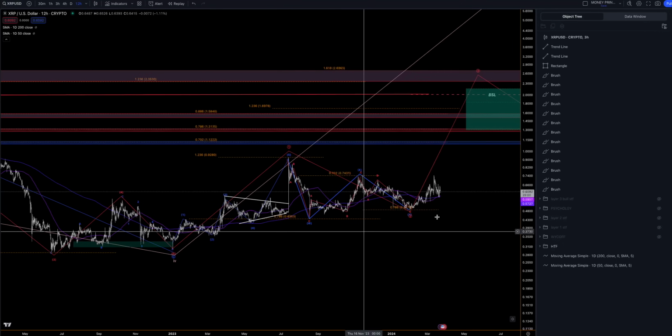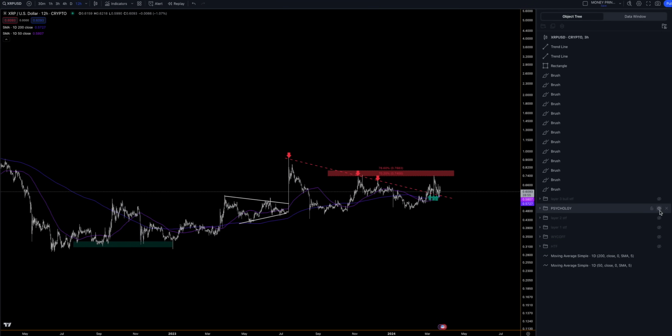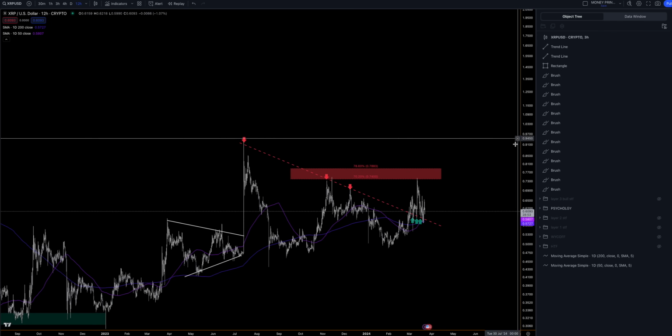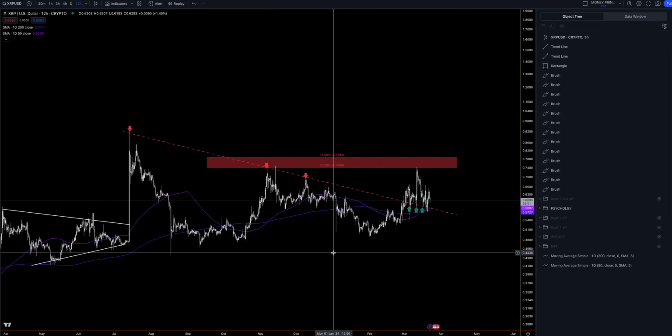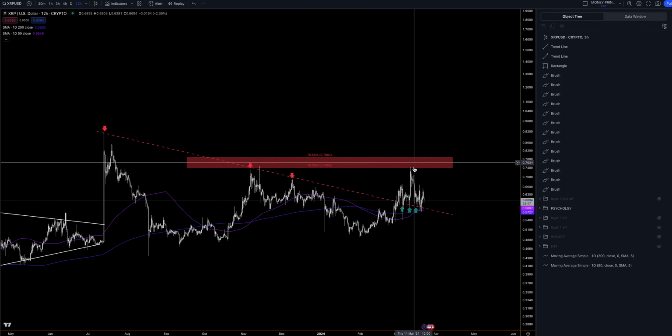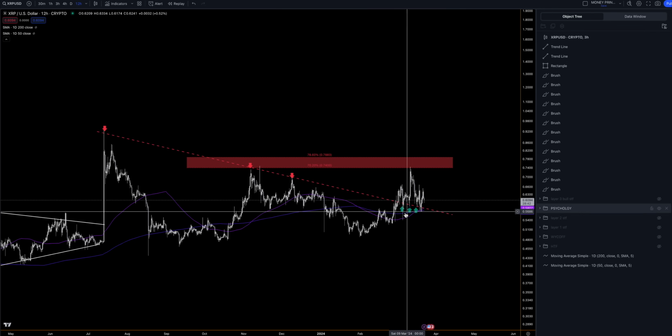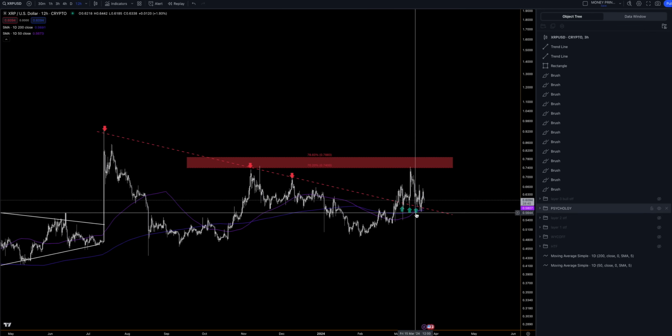Now what I'm going to show you is the psychology of what's happening over here. We found some rejection. We found some resistance here at the 702. If we manage to, and we're holding above the 50 and 200. Remember that.